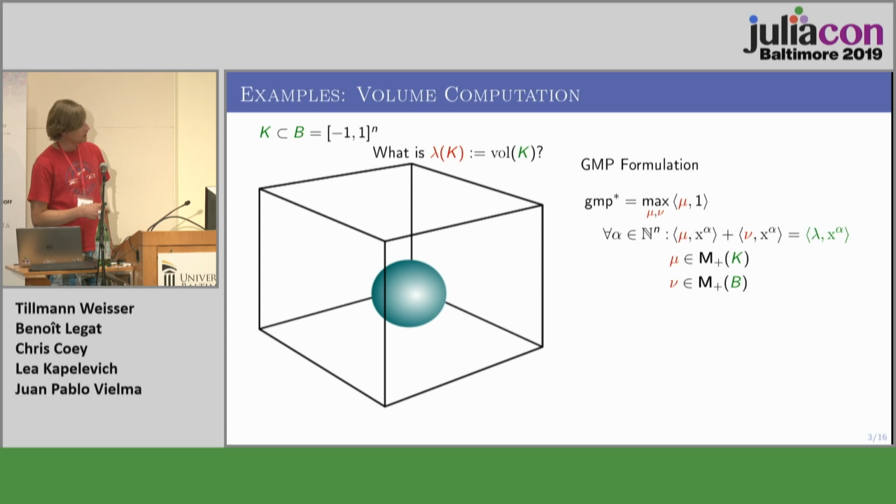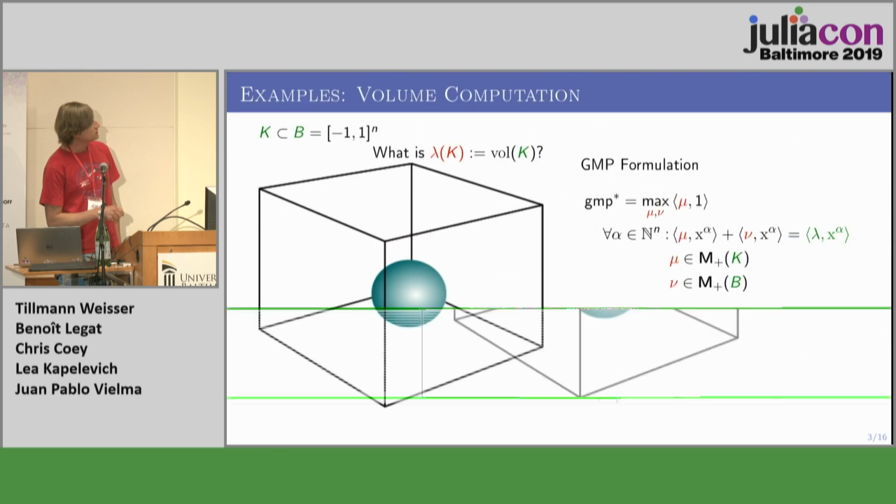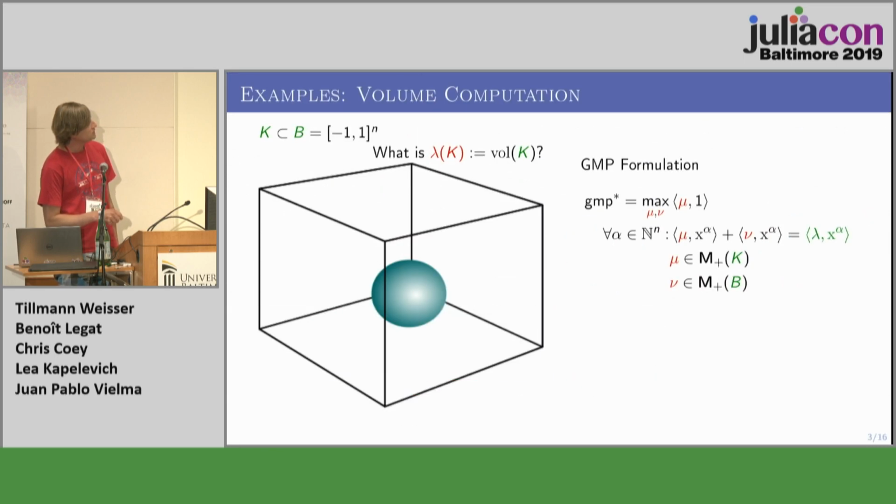A generalized moment way to write this is to optimize over two measures. The nu is actually a slack measure. What I actually want to write here is that the density of my measure mu is not bigger than the density of the Lebesgue measure, the uniform measure on the box. This is encoded in this constraint here.